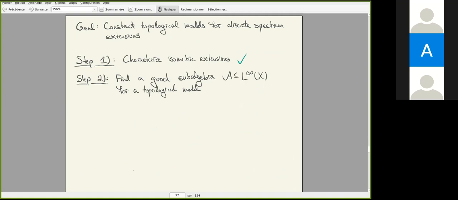This was super easy when we did it earlier, and hopefully it will be the same now. So our goal is to prove the following theorem. Suppose we have an extension with discrete spectrum of ergodic systems. Then we want to show that there's a canonical topological model for this extension, which is isometric or pseudo-isometric.